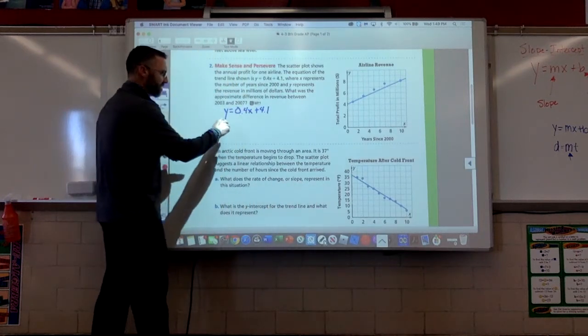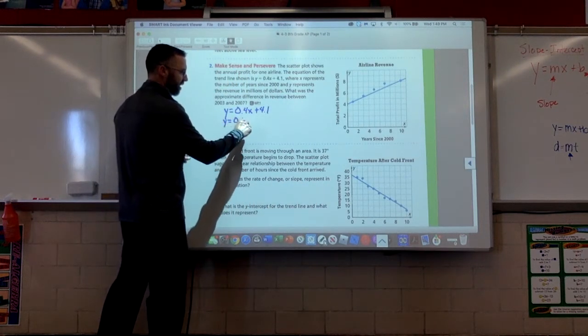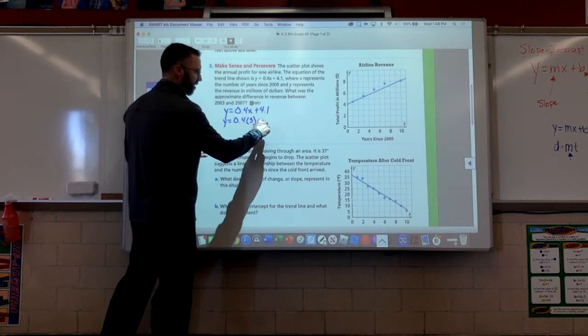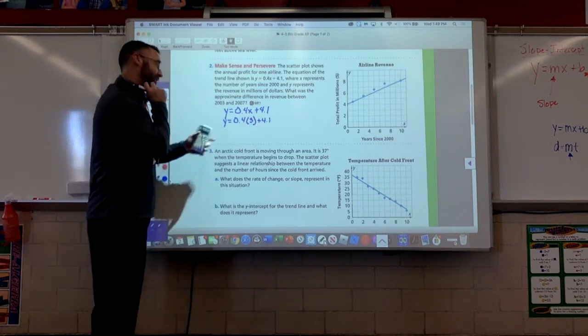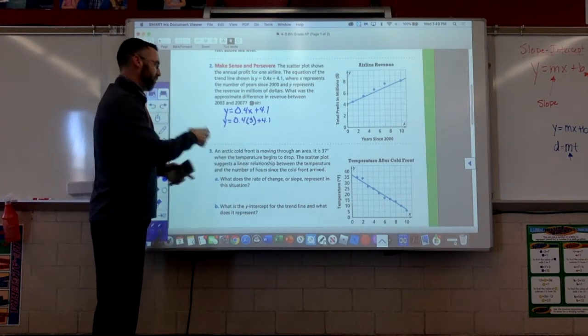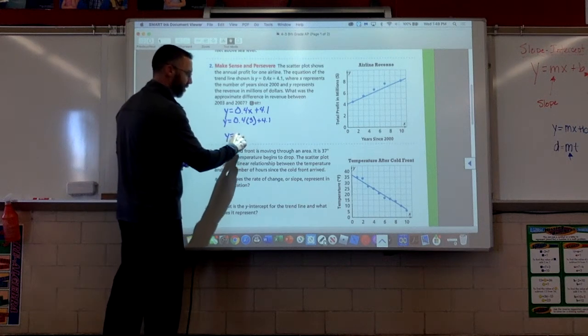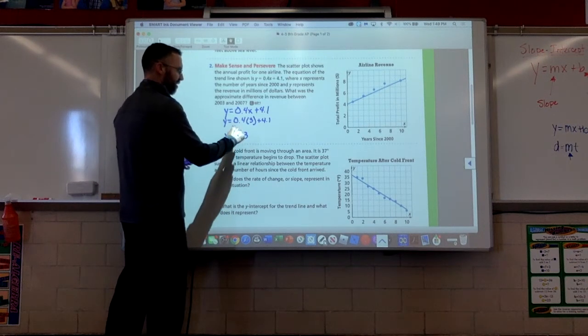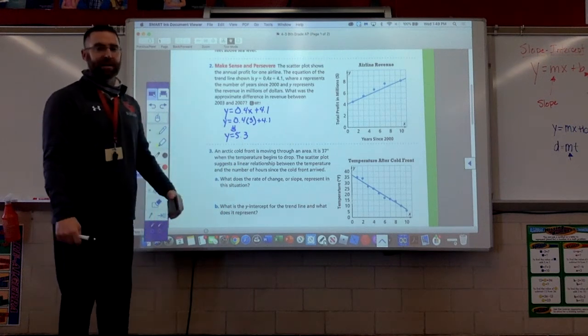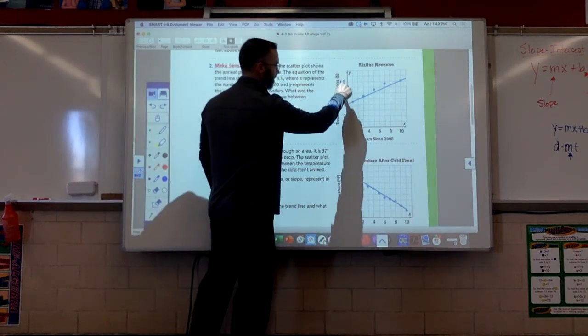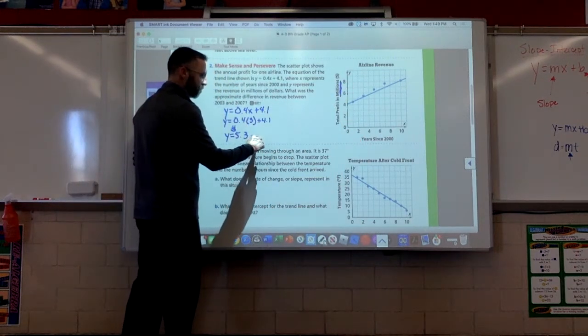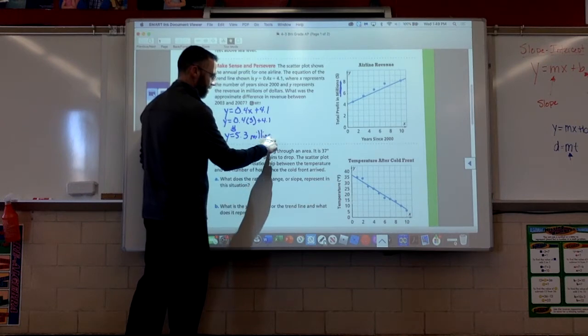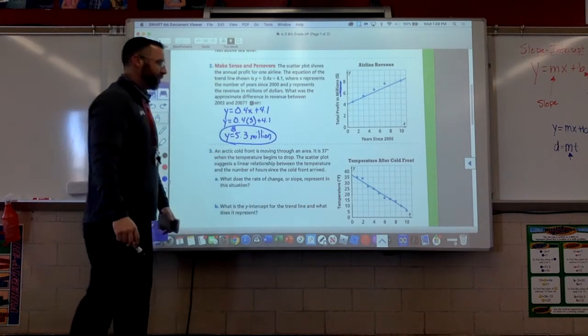It's 3, so we're going to substitute 3 into that equation for X right here. So this is 1.2 plus 4.1. This comes out to be $5.3. No, look at your axis. 5.3 million.